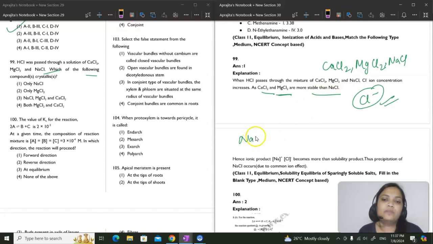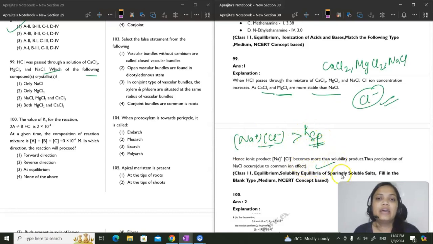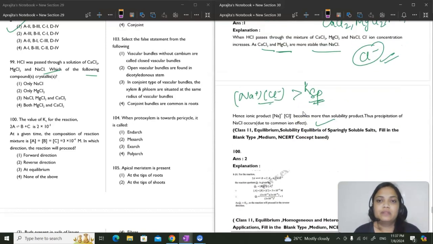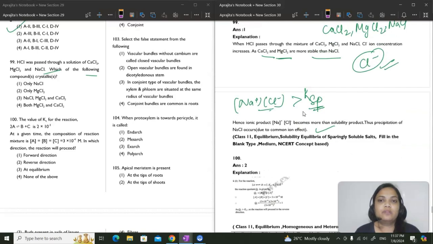So the ionic product of sodium chloride is more than the solubility product. So precipitation of NaCl will happen due to the common ion effect. It will precipitate because here the ionic product will be more than the solubility product.